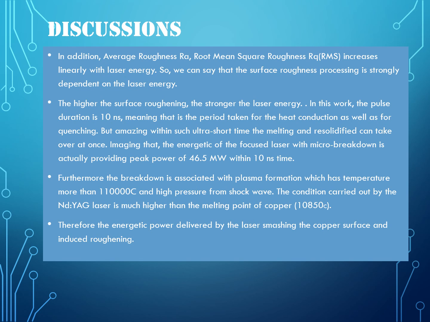So the condition carried out by the indirect laser is much higher than the melting point of copper, which is 1,085 Celsius. Therefore, the energetic power delivered by the laser smashes the copper surface and induces roughening.